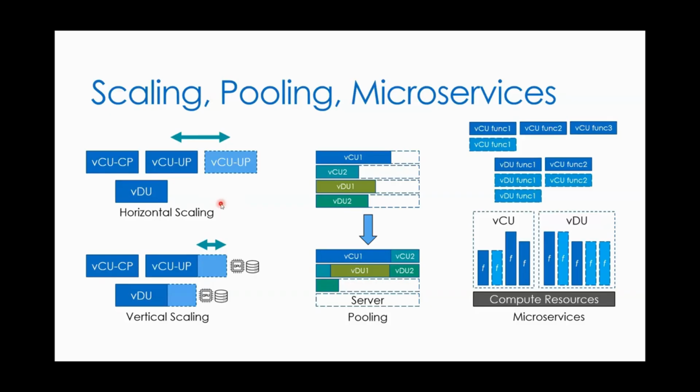So these two strategies add a lot of flexibility to the system to dynamically adjust to the needs at a particular time. The concept of pooling is that I'm able to abstract the hardware compute resources I'm sitting on and be deployed across them in a more efficient way.